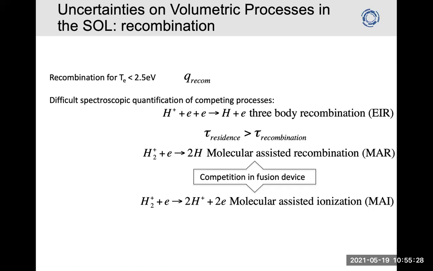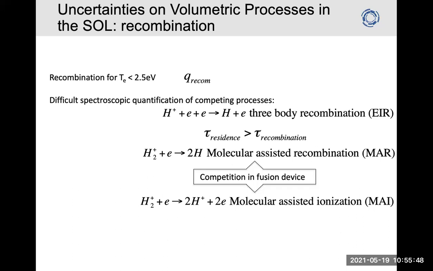So we can do, for example, a small numerical model where we play around. In a model, we can always switch off processes or switch them on, and check. And what has been done in the past is to check, okay, if you switch off charge exchange, do you still have volumetric recombination?